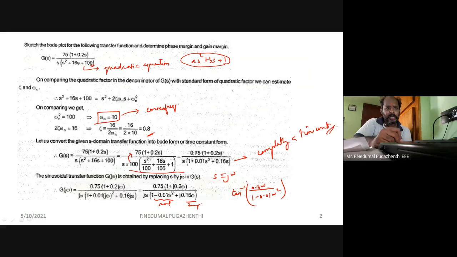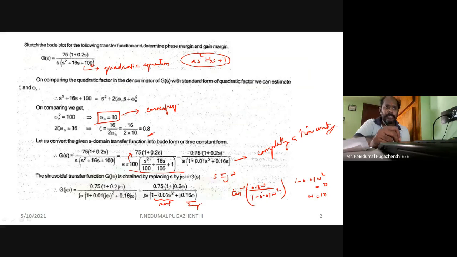The term 1 − 0.01ω² becomes 0 when ω is equal to 10, which is your undamped natural frequency, ωn equal to 10. When something becomes 0 in the denominator, it becomes an infinite factor, and tan inverse of infinity is always going to be 90.